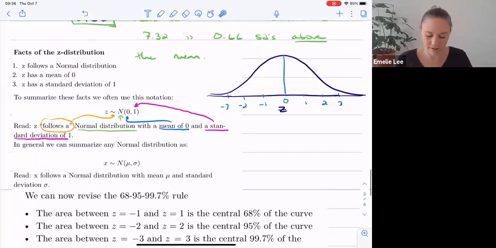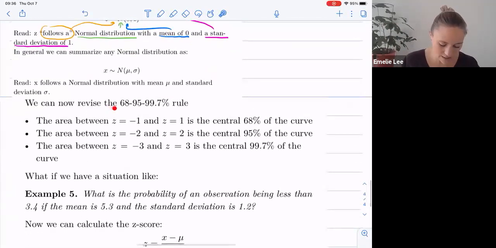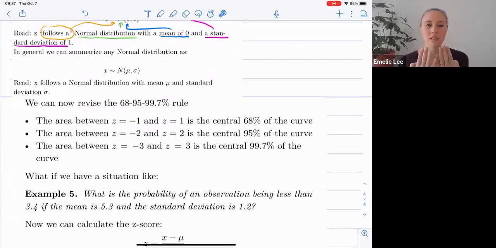This looks familiar, right? This Z distribution, I've managed to fit 1, 2, 3 standard deviations on either side of the mean. The standard deviation for Z scores happens to be 1. And so it makes this nice compact situation. So we can revise the 68, 95, 99.7 rule and say that the area between a Z of -1 and +1 makes up the central 68% of the curve, right?